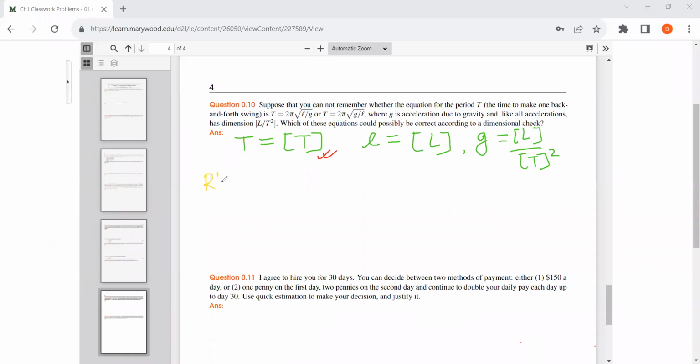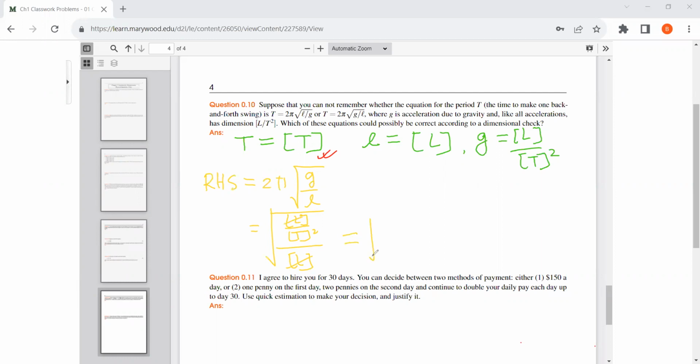The right hand side is 2 pi square root of G by L. 2 pi does not have any dimension, so this is L over T square and then L. Again, similar to that one, this L and this L cancel out.